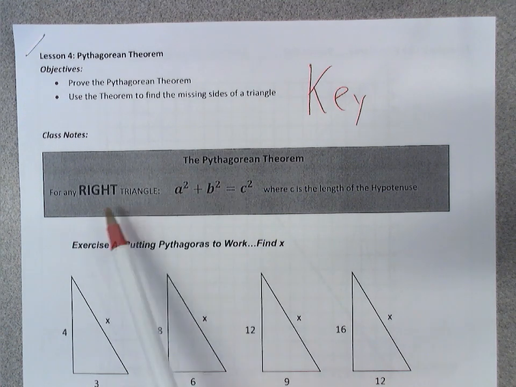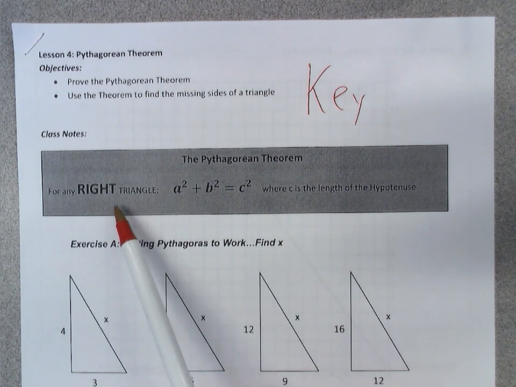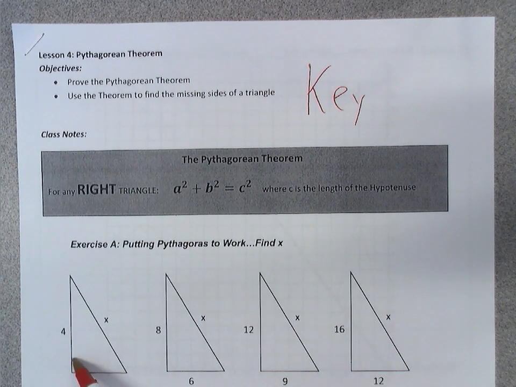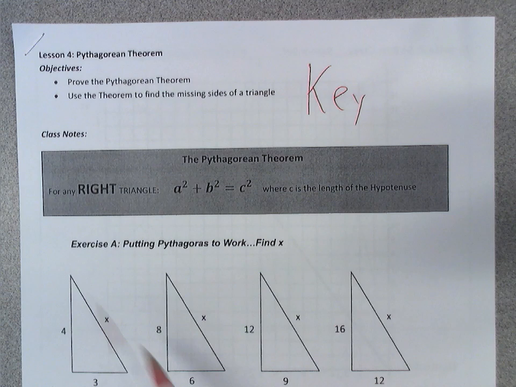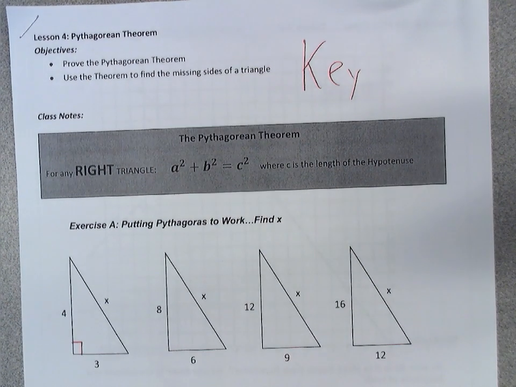The Pythagorean theorem is for any right triangle. So this will only work for right triangles, which means a triangle that has one 90-degree angle in it. If we look at this triangle here, here's our 90-degree angle.